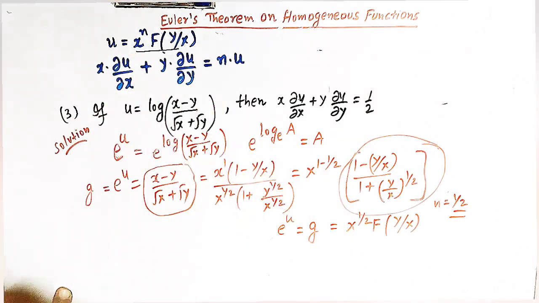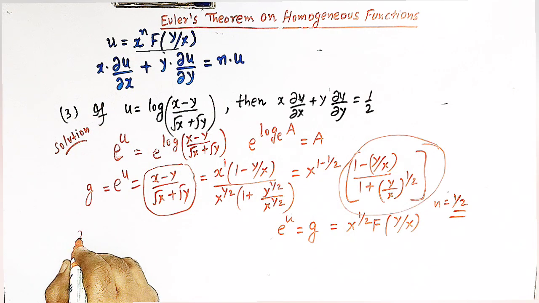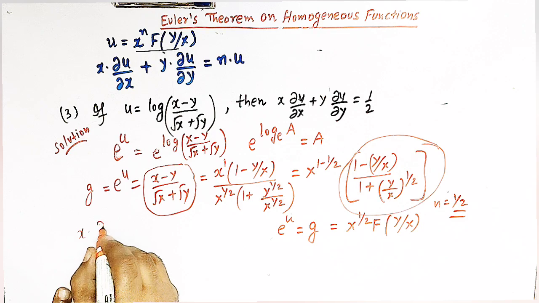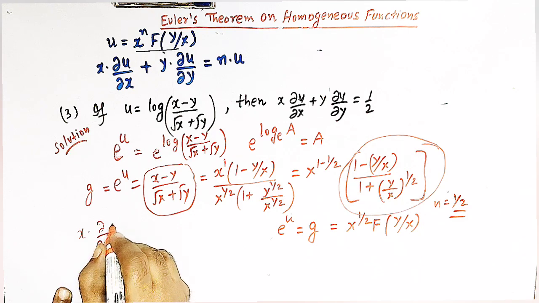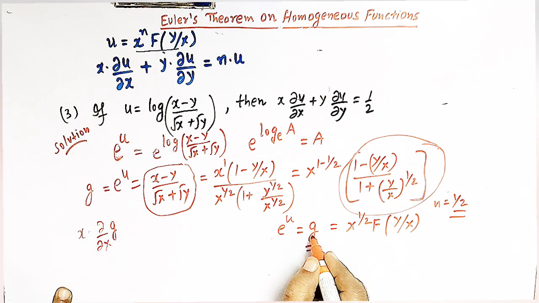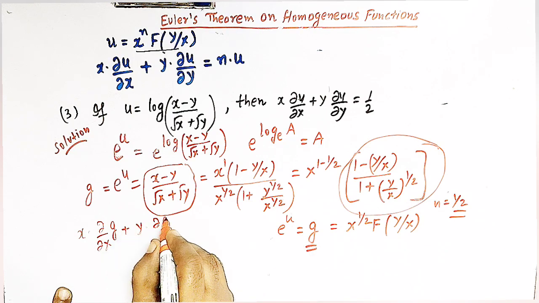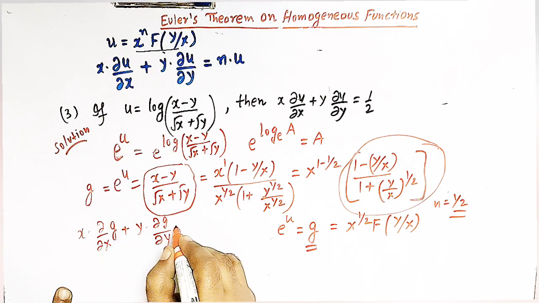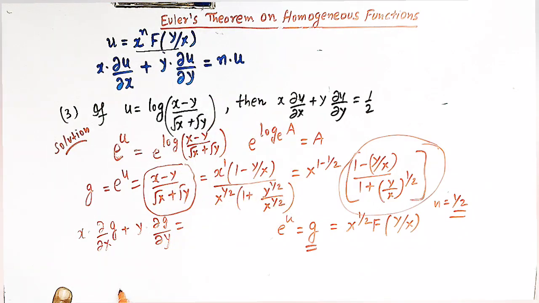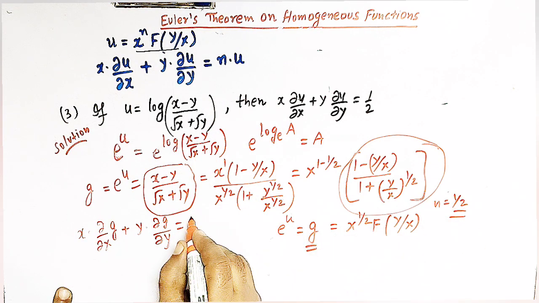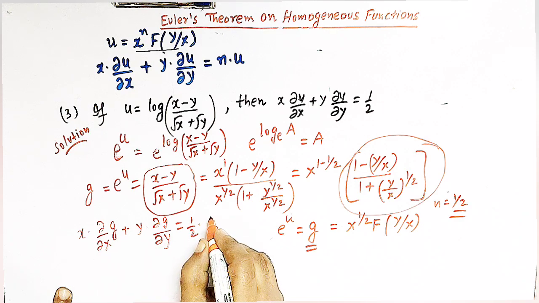So by Euler's theorem, we can now write x times del over del x of g, and then y times del g over del y, is equal to n times g. So we have half times g.